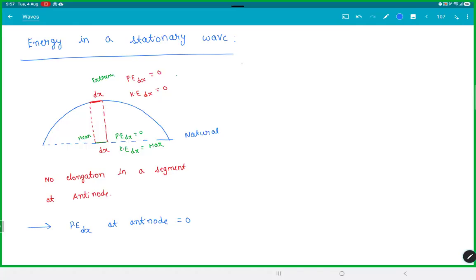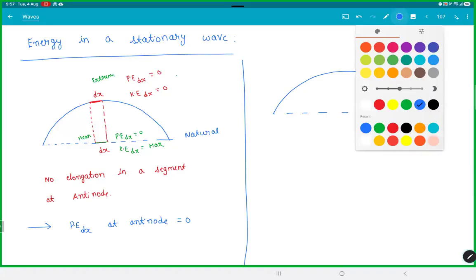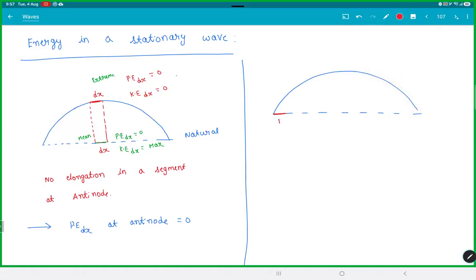The other theoretical questions. Now, similarly, if you look at the segment at the node, this is dx. At a node, the kinetic energy is always zero because the segment at the node will never move. The potential energy at dx is maximum because at the extreme it is stretching a lot.